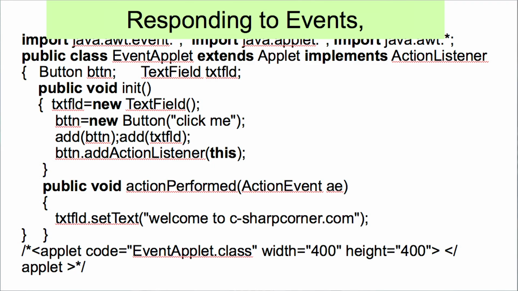So here the first object is button bttn, an object of the Button class, and another one, txt, which is an object of TextField.